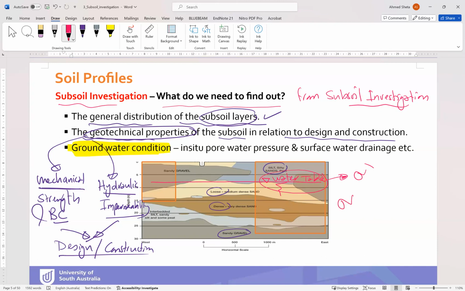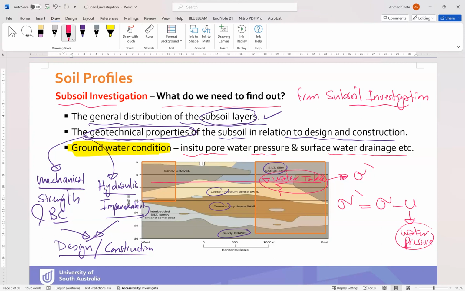Again, this effective stress is sigma minus u, where u is the water pressure. So the water table level is also important in our design process. The pore water pressure and surface water drainage, etc., are important for our design or our construction process.